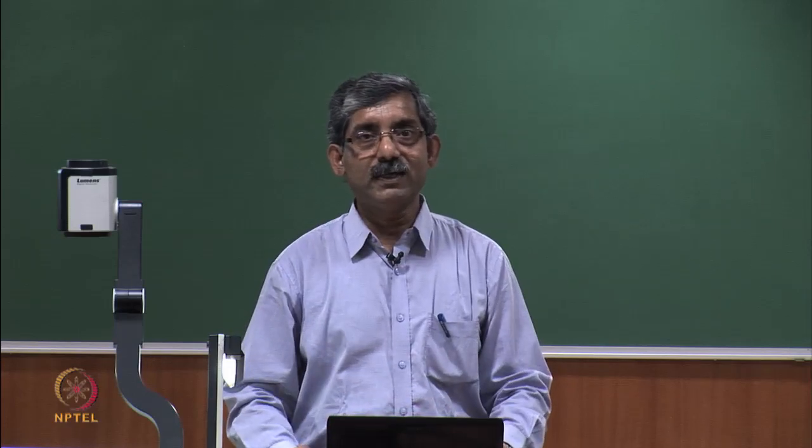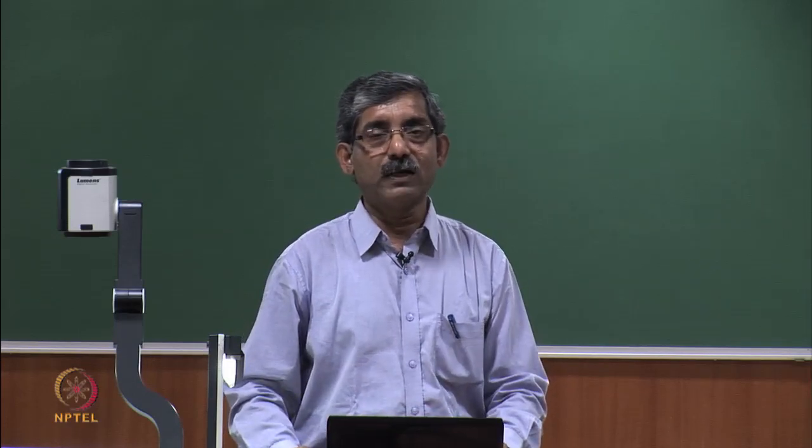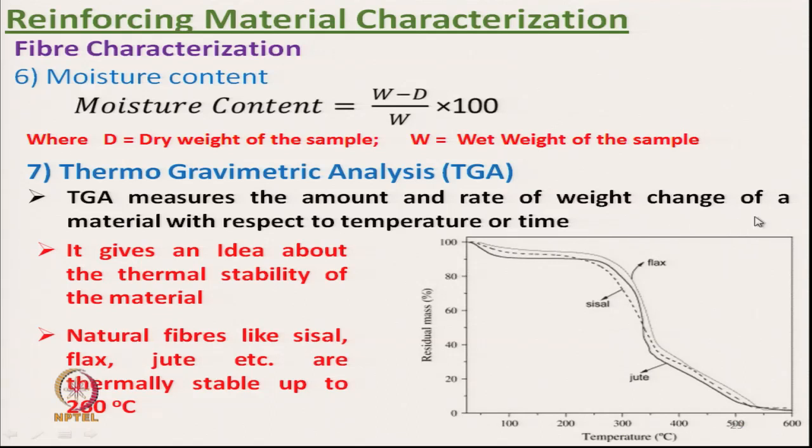Okay. TGA measures the amount and rate of weight change of material with respect to temperature or time. So, the x axis is showing the temperature, and the y axis the residual mass.